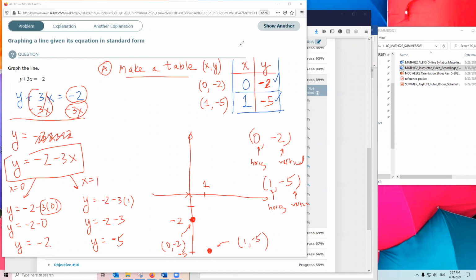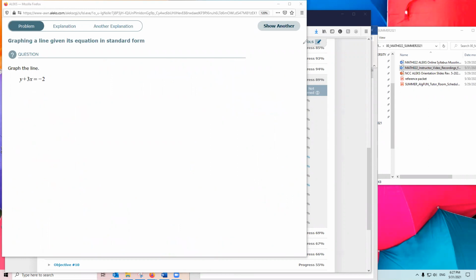When they say graph the line, they're really asking me to connect these two points with a straight line. So here, that blue line is the line they're asking me to graph. And you'll see when you go to do this in ALEKS, it'll give you an xy coordinate system, and it'll give you a way to actually graph the lines. You plot the 2 points and then connect the 2 points with a straight line.